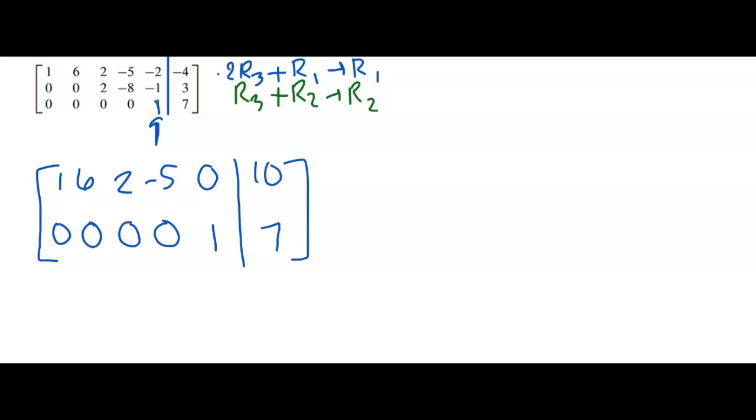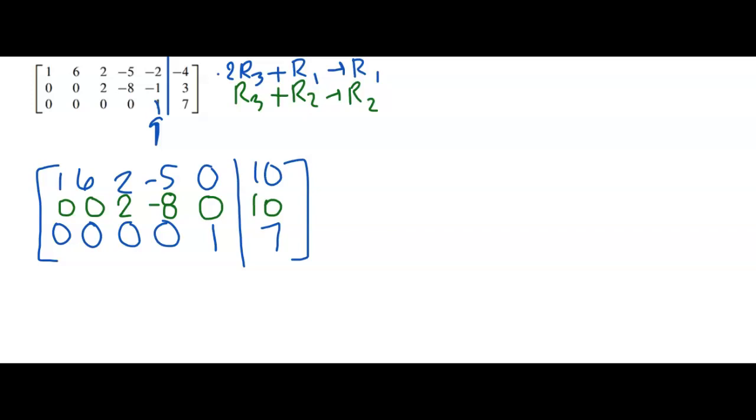All right, all of these row 3s: 0 plus 0, 0 plus 0, 0 plus 2, 0 plus -8. But then 1 plus -1, I get 0. 7 plus 3, I get 10. So I did 2 row operations in that one step.